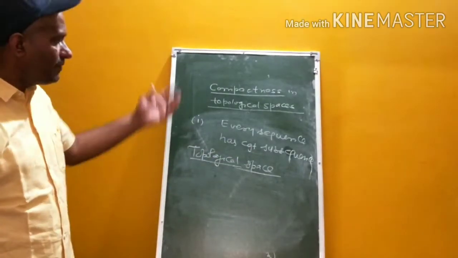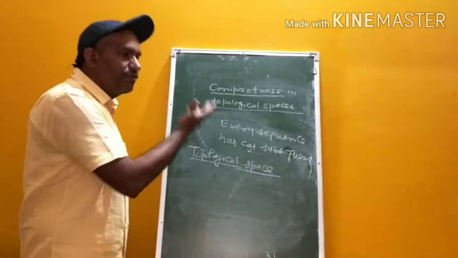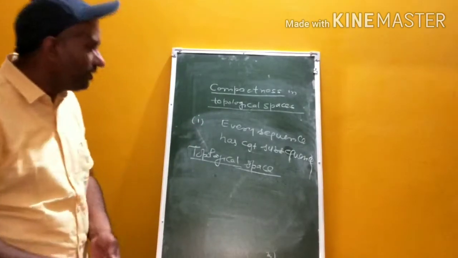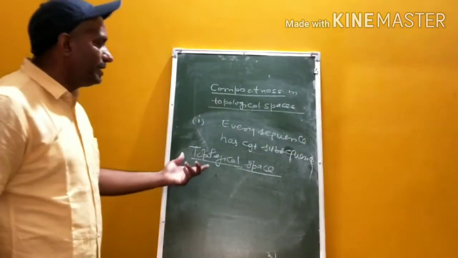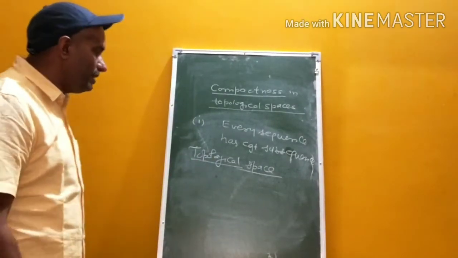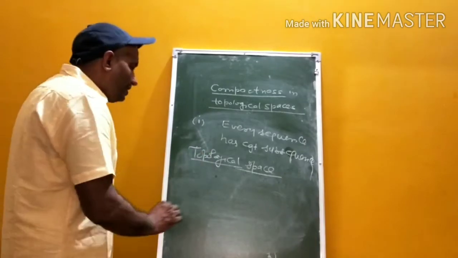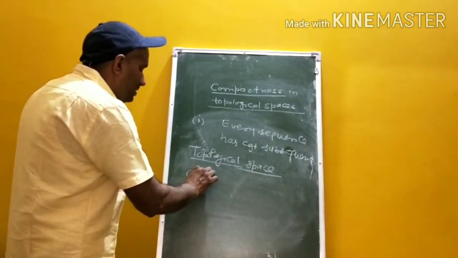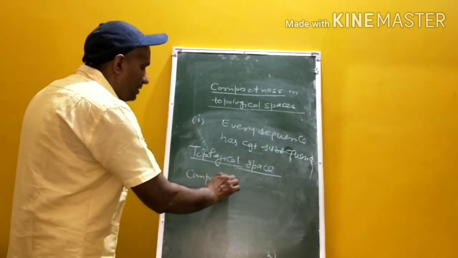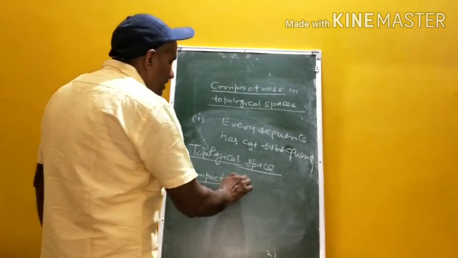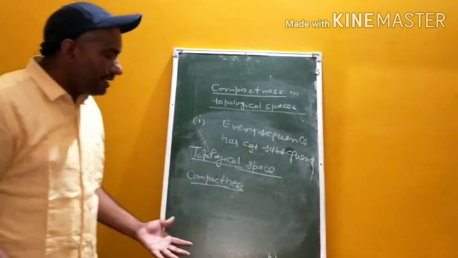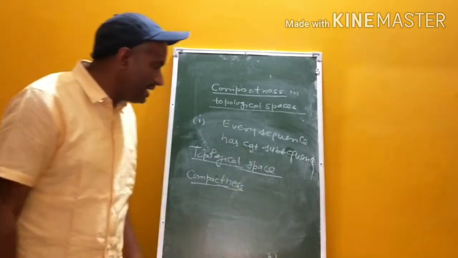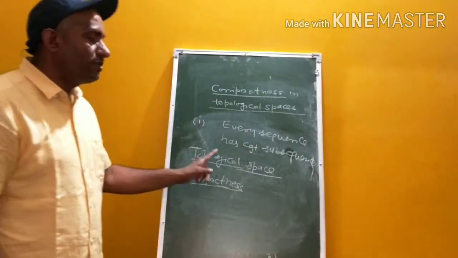So instead of a metric, we take a collection of subsets, and that can be dealt with in topological space. Compactness in topology is defined in terms of open cover. If every open cover has a finite subcover, then we say that set is compact in a topological space.